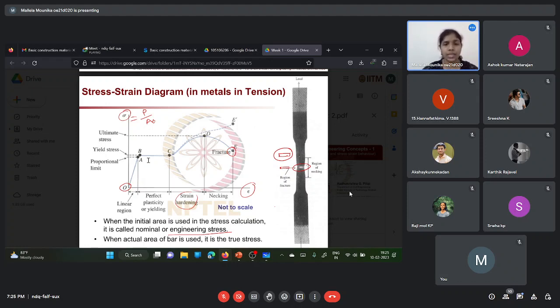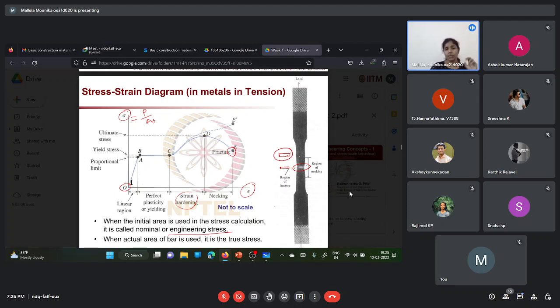That's why the curve is linear up to this point. Suppose O is the origin point and A is the proportional limit. So from O to A, the zone is known as the linear zone. That means the stress is directly proportional to the strain in this particular zone.